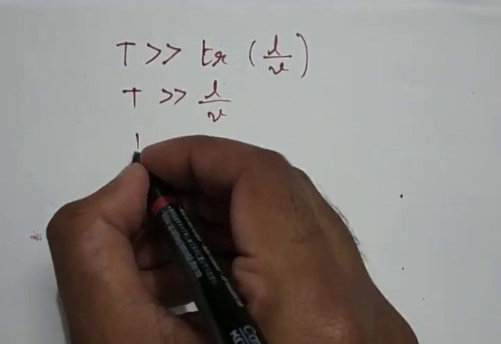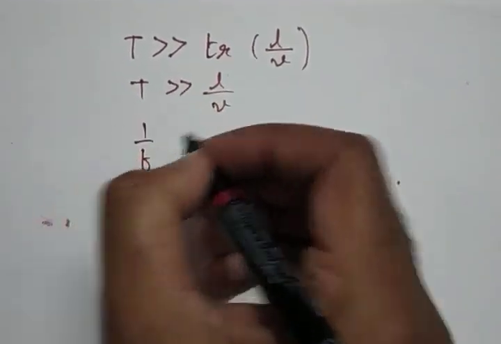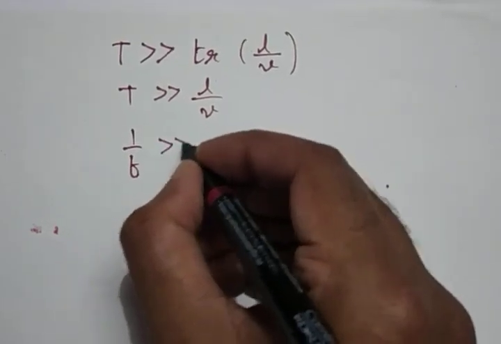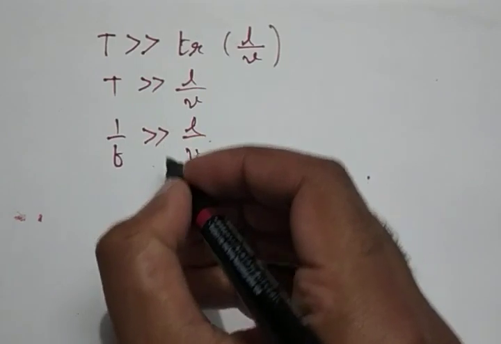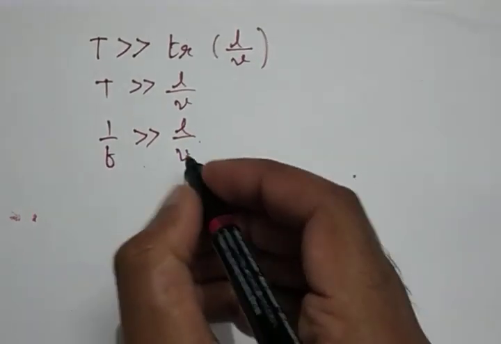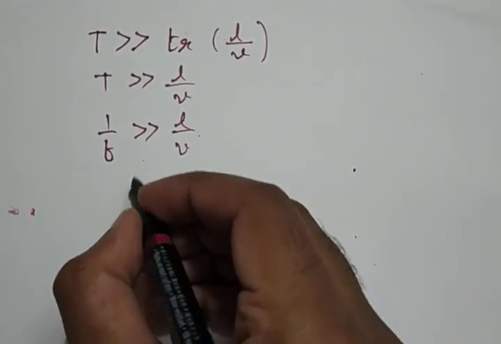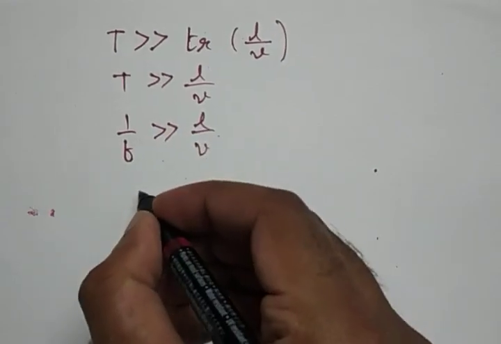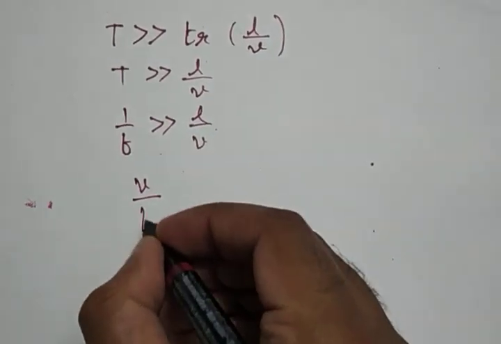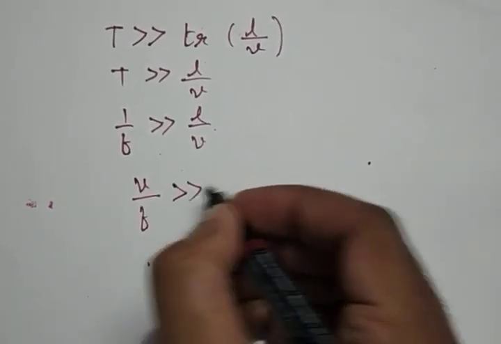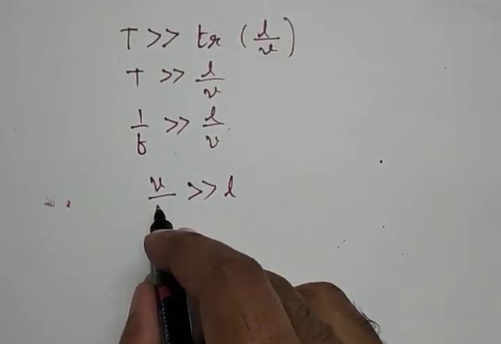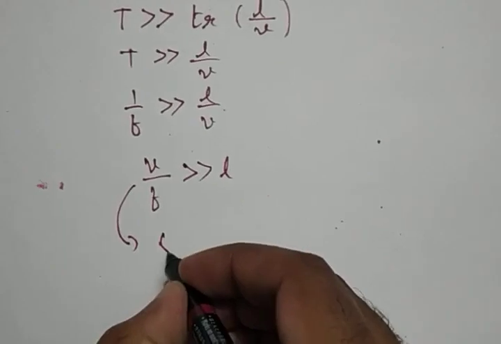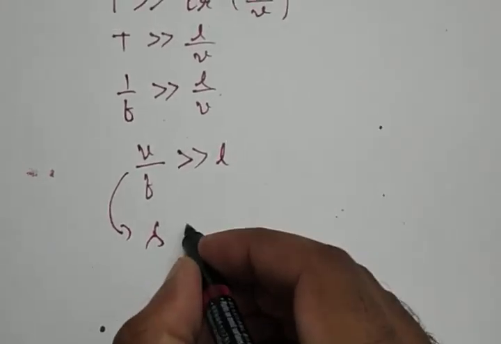If we write this T in terms of 1 by F, time period is nothing but inversely proportional to frequency. We can write it like this. So from here, if we replace this term there, we can say velocity by frequency is greater than L, and this thing is nothing but lambda, velocity by frequency.